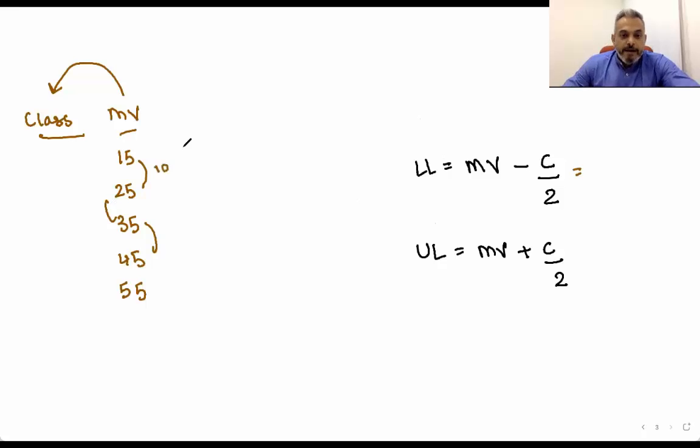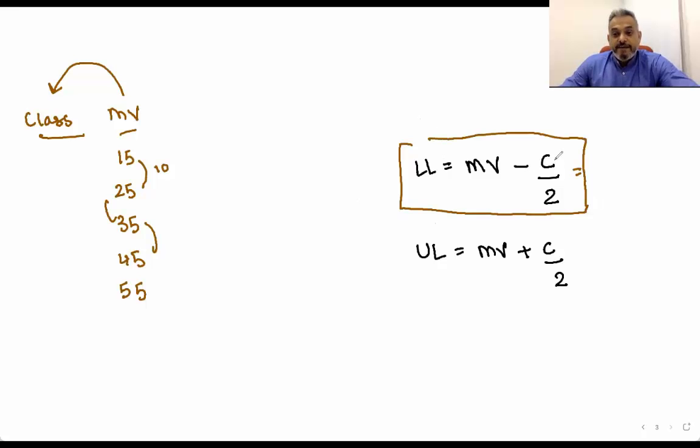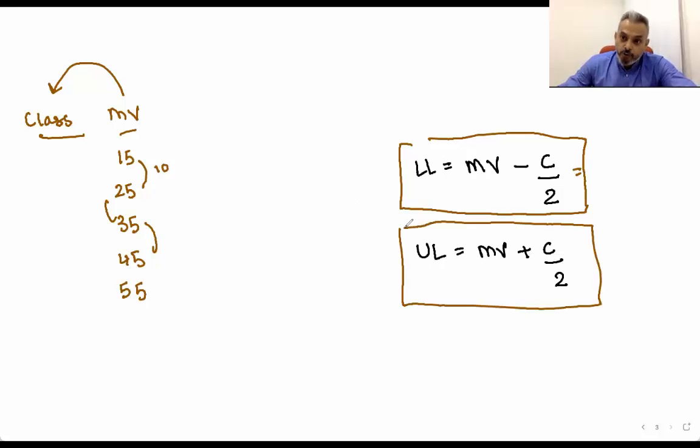Now, mid value का फॉर्मूला है lower limit is equal to mid value minus C, the class length, divided by 2. Upper limit is equal to mid value plus class length divided by 2. तो यहाँ पे अगर 15 के लिए हमें क्लास फाइंड करना है तो पहले 15 minus class length 10 divided by 2.